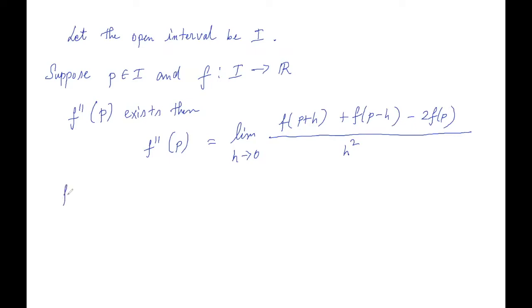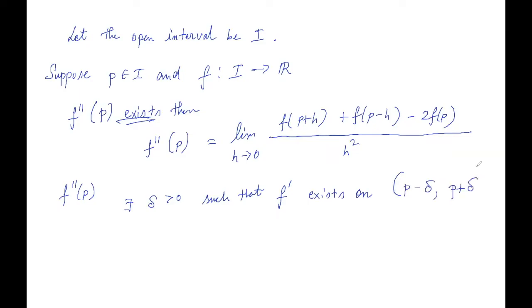Now, f double dash p exists. What does this mean? This implies that there exists a delta greater than 0 such that f dash exists on p minus delta to p plus delta.